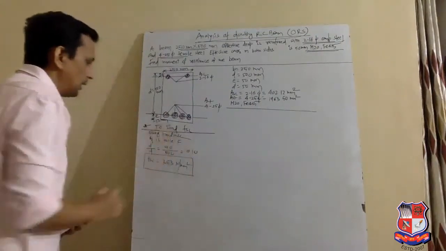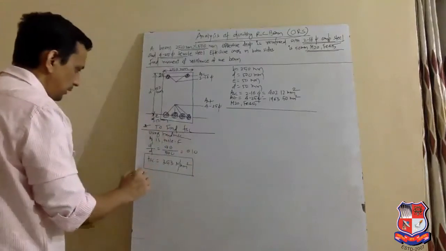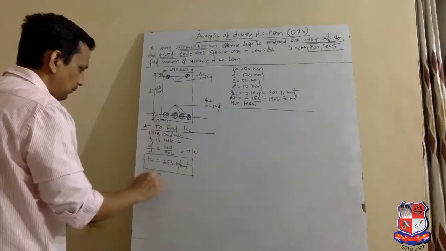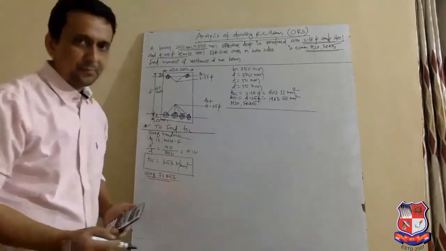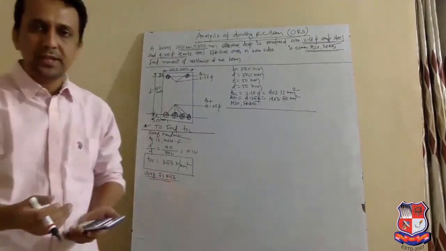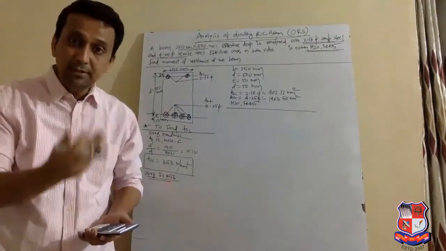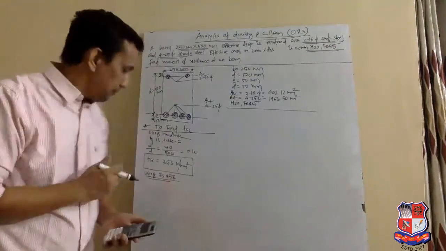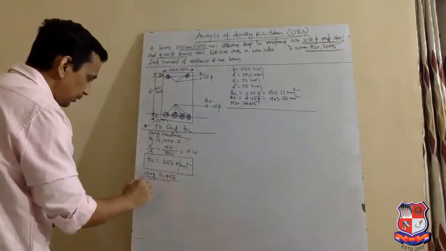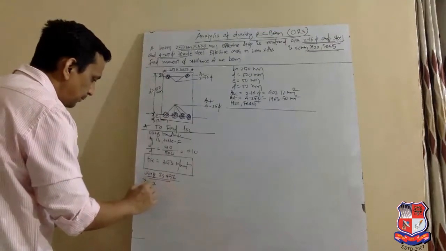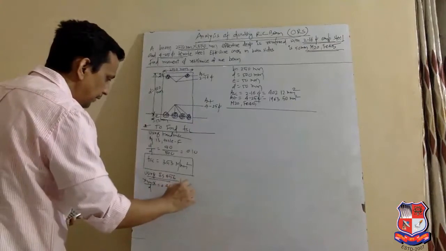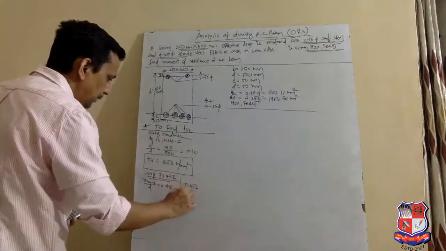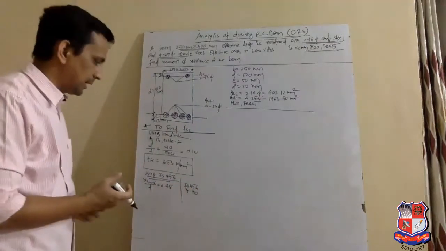Right? Now, using IS 456, first we need to find the Xu max value. So Xu max by d equal to 0.48, from where we have written IS 456 page number 70.